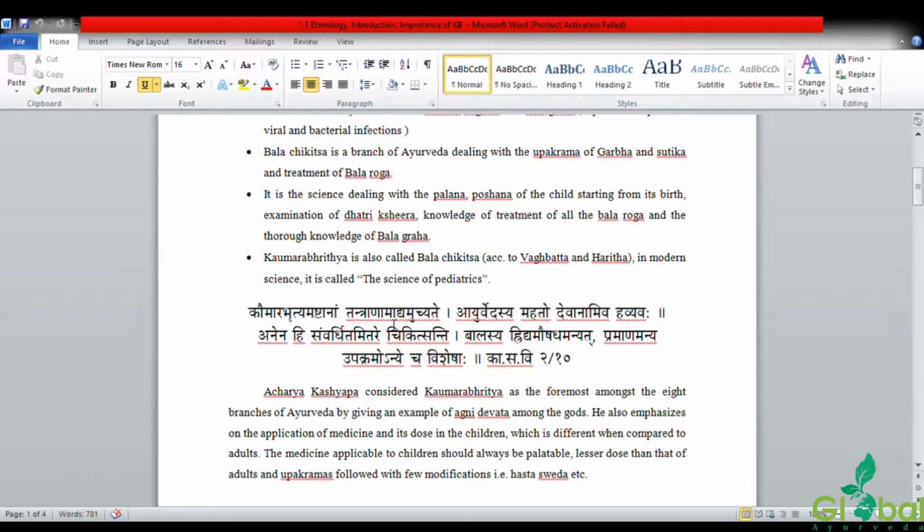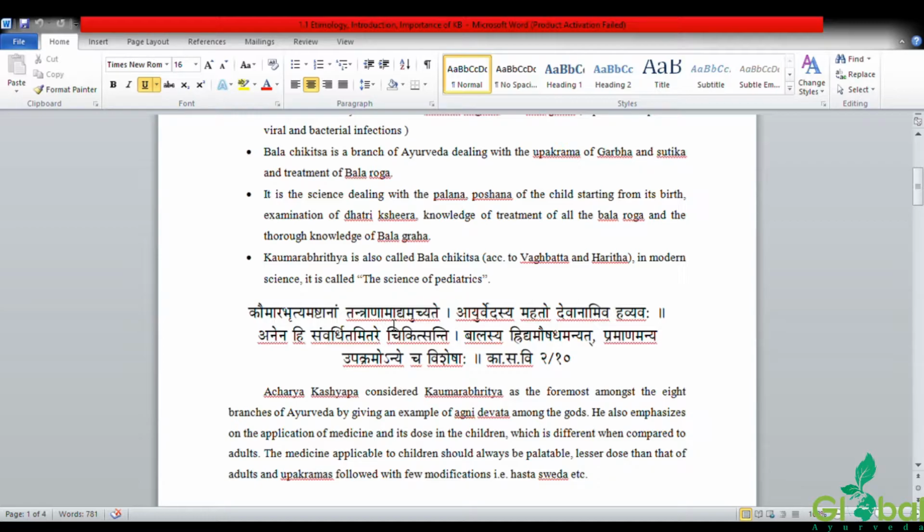And we know that a lesser dose has been mentioned in case of children when compared to the adults. And as for upakramas, all these panchakarmas, as we know, are contraindicated in case of bala.